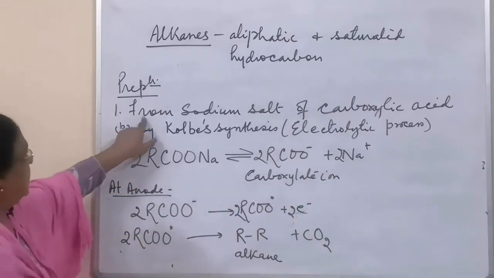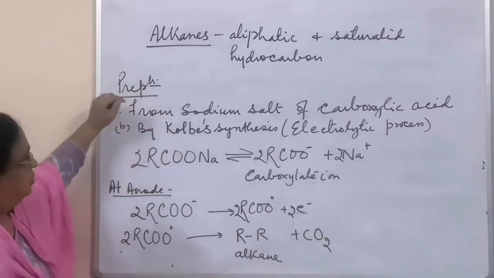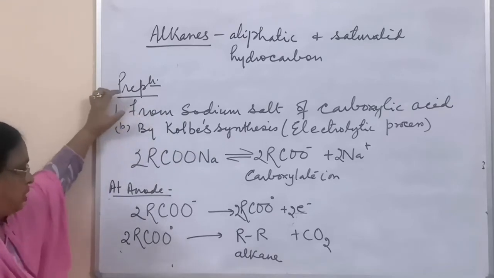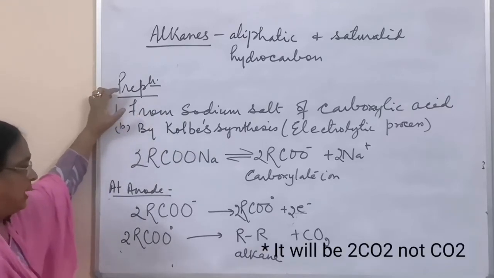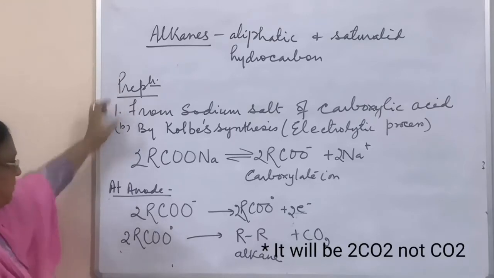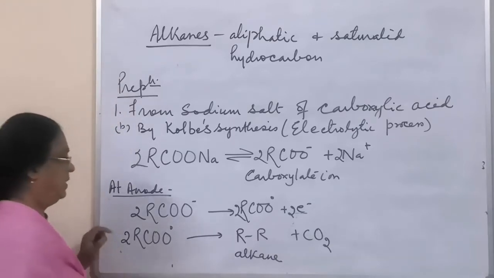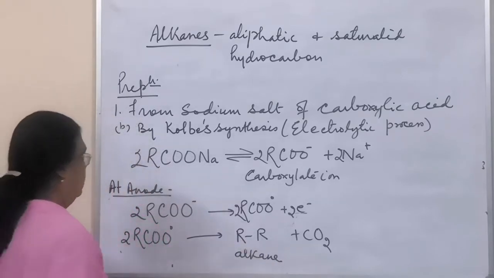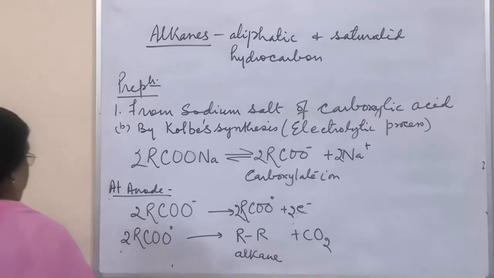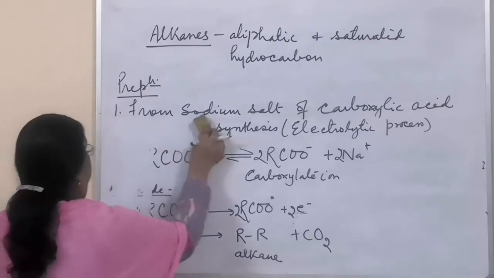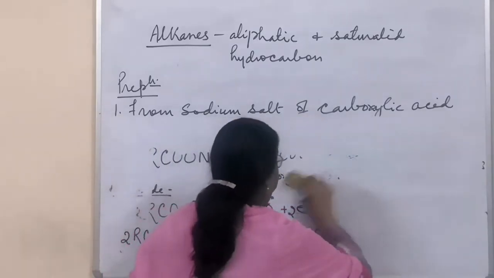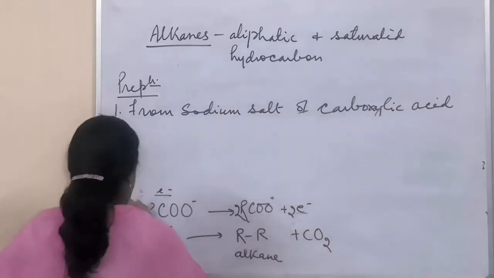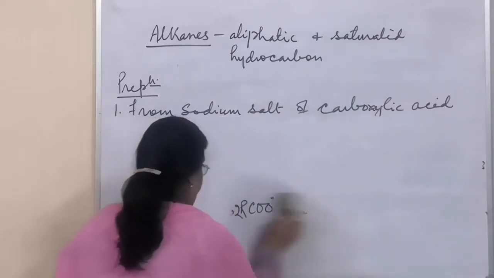In the previous case of decarboxylation of the sodium salt, you could even obtain methane. But by this process you can't obtain methane, at least 2 carbons should be there. So we can obtain alkanes from the sodium salt of carboxylic acid by these 2 methods.